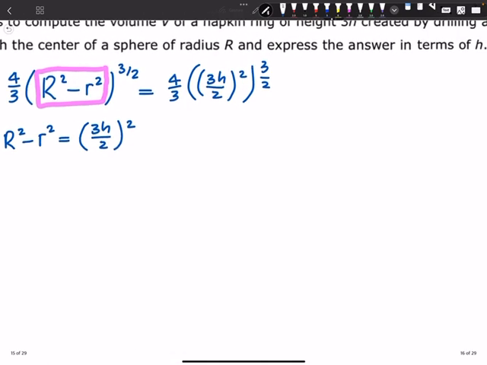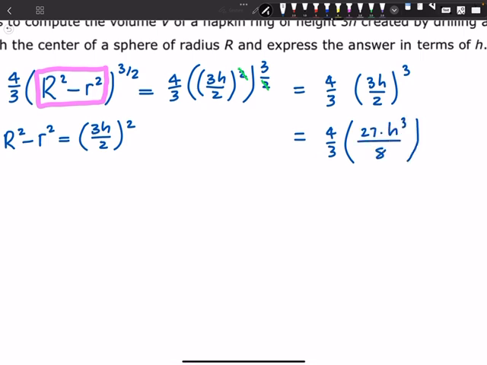All right, so some simplification here says we can cancel out those 2's. And this is then equal to 4/3 pi times 3h over 2 quantity cubed. So if I cube everything, this will be 27 times h cubed over 8.